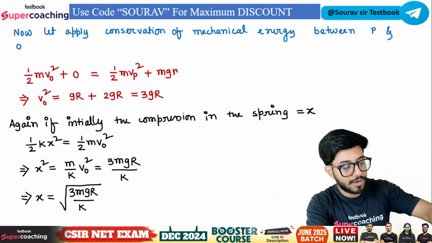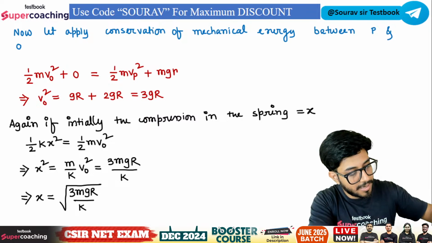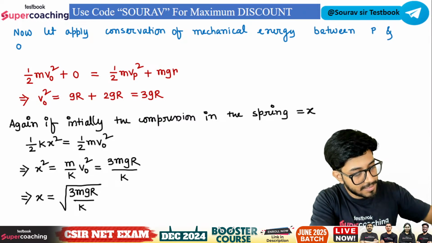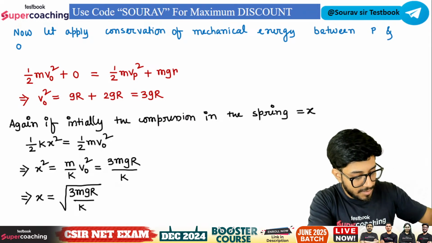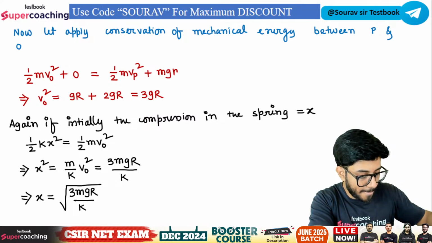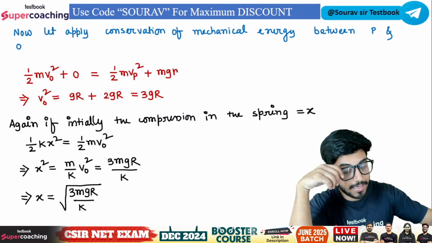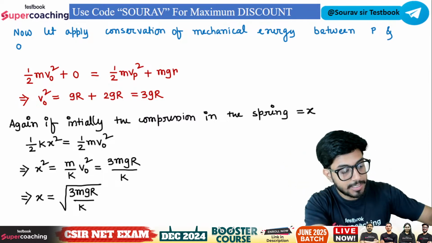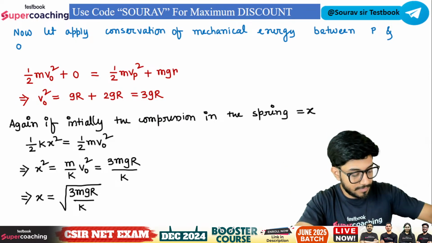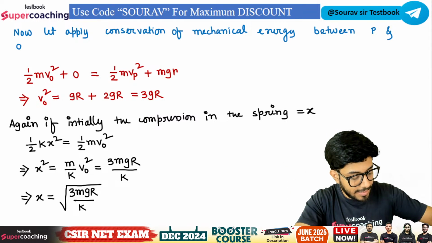That is the answer. Tell me, did you understand this or not? This is a very important point. X is equal to root over of 3mgr divided by k.